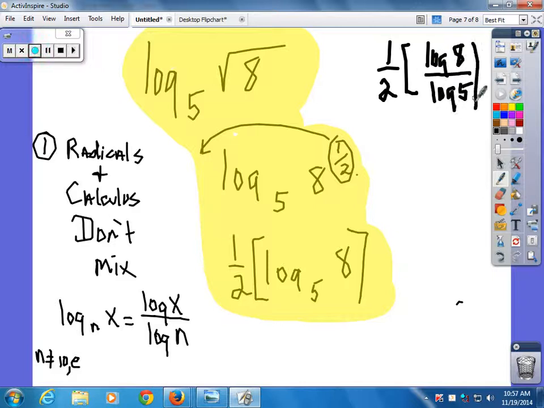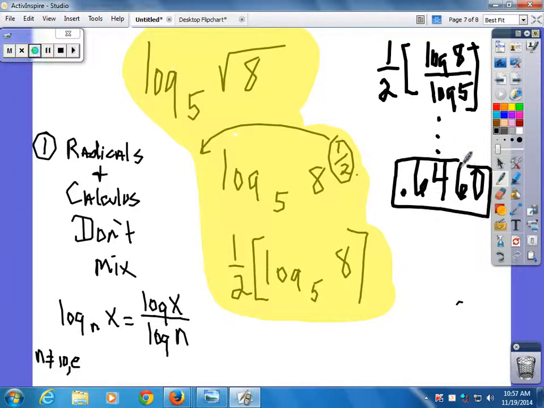And y'all tell me again what the final answer was. 0.6460. When you do the math, y'all do this work. You should get that answer.